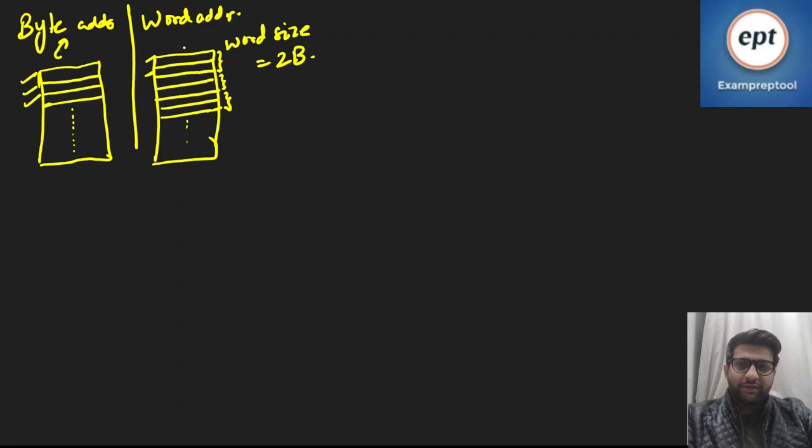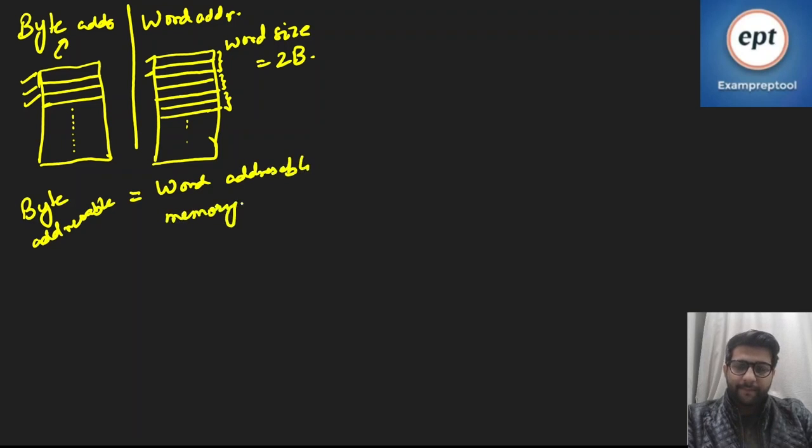So this is a type of word addressable memory, right? And byte addressable memory is equal to word addressable memory with word size equal to 1, right? So just try to remember this concept of byte addressable memory and word addressable memory.